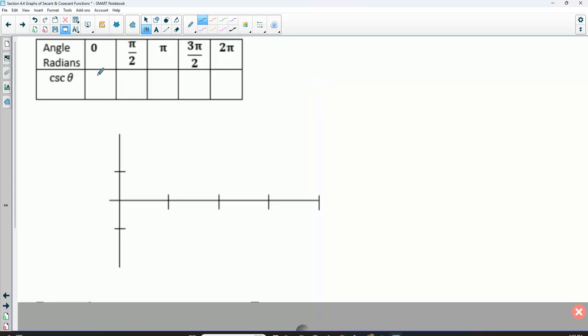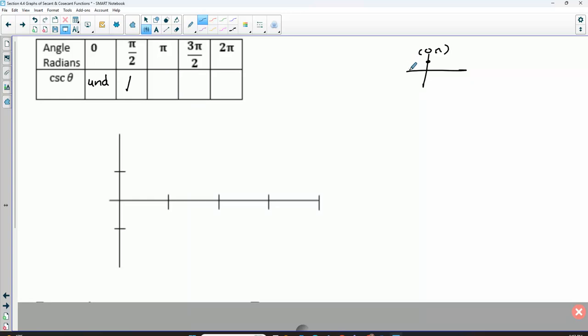Sine. Okay, what's the sine of 0? 0. So cosecant would be undefined. All right, what's the sine of pi over 2, or 90 degrees? Remember, sine is the y. So sine is 1, so the reciprocal is 1.